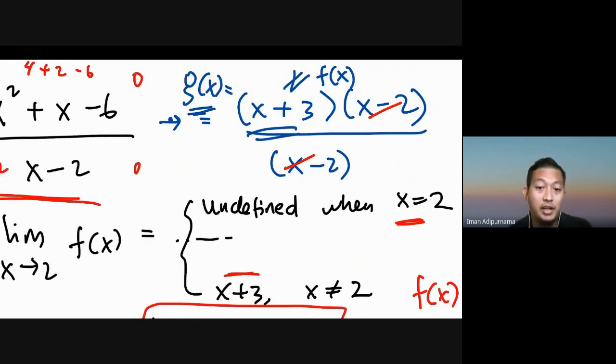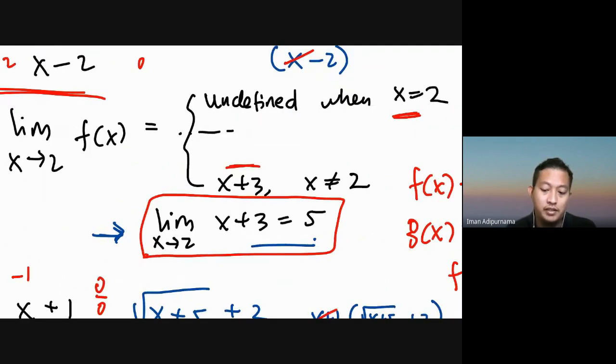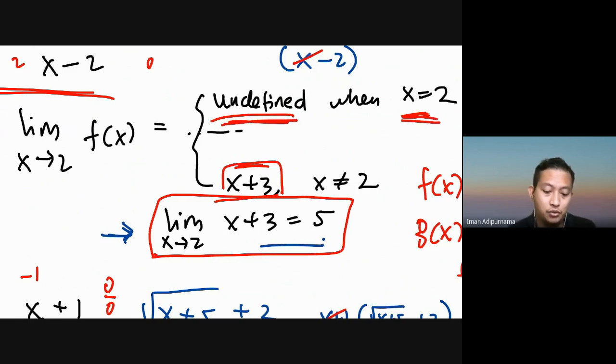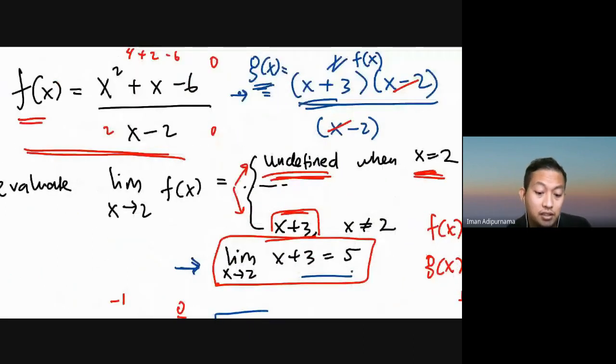It looks like I'm making a new function, but actually it's a way of saying that there will be an undefined point when x equals 2 for f. That's why I'm having x plus 3 here. There are two possible ways here, right? I'm using another function to make our way clean and clear.